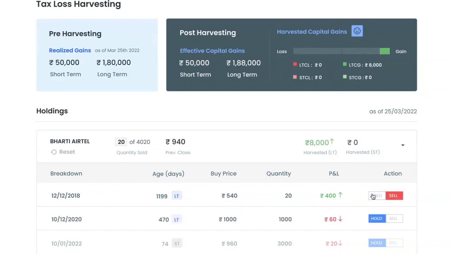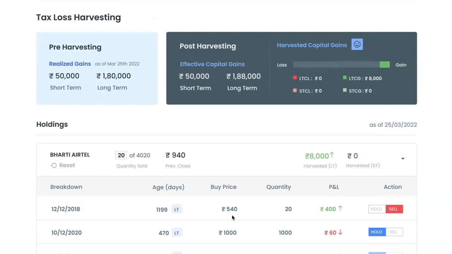When I sell it, you could immediately see, because this is a profit making position, what I did is I harvested 8,000 rupees in gains. As you can see here, it's reflected here. My LTCG have gone up by 8,000. Hence, instead of 1,80,000, it's now 1,88,000 rupees, right? You also see this frowny face here that indicates the sentiment, right? You wanted to do tax loss harvesting, but you ended up doing gain harvesting.